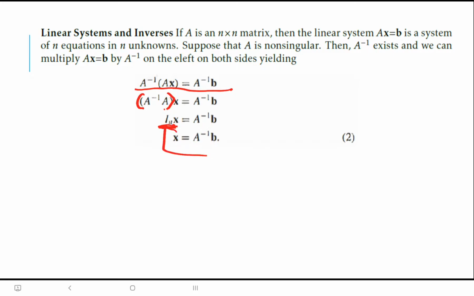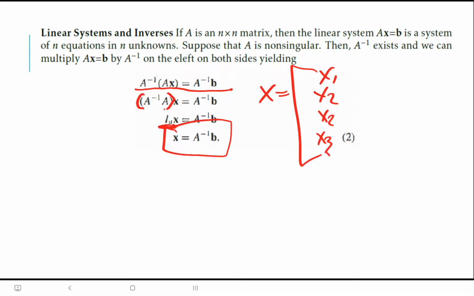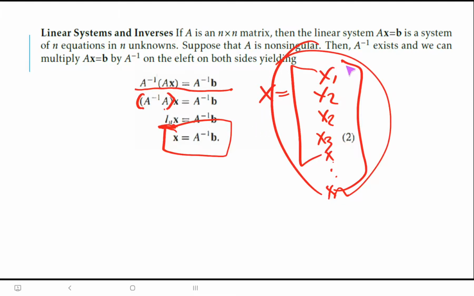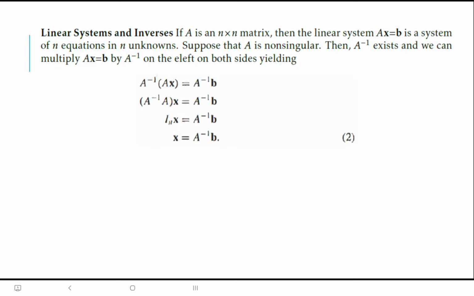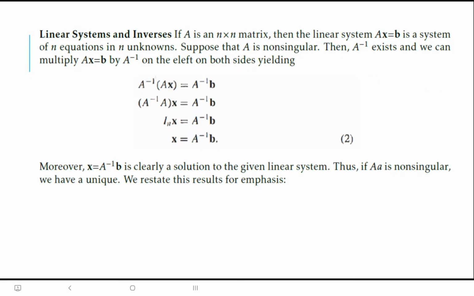Therefore, we can compute the values for X. Okay, note that X here, kung natatandaan nyo siya, hindi lang siya X, no? Ano siya, matrix din siya ng mga iba't ibang variables. Okay? So, pwede lang pala natin makuha yung value ni X by finding A inverse and then i-multiply natin siya kay B. Okay?